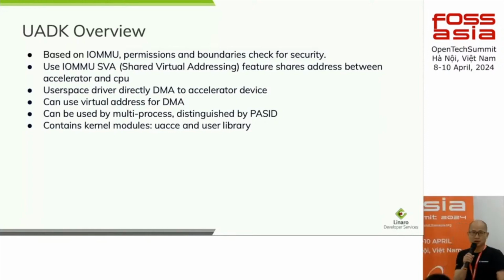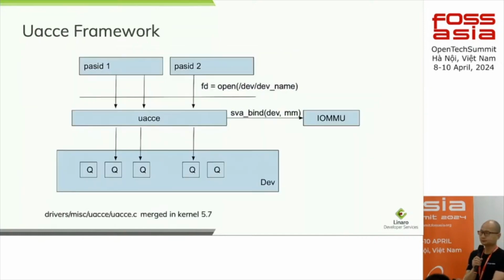Then it contains several modules, the kernel module and the user space module. This is a general framework. At the bottom is the accelerator. It can provide several queues. Each queue can provide a service, so many queues can work simultaneously. Now, how does user space use that queue? The accelerator has to register to the UACCE.